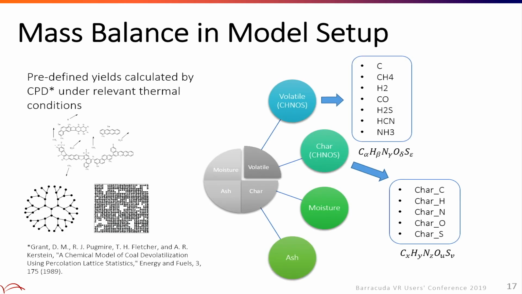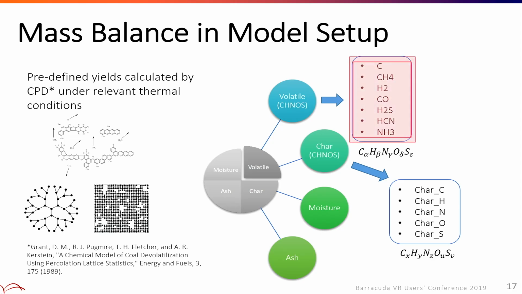So what we did, the starting point is the same. We assume that the coal is made of 4 entities: moisture, volatile, ash, and char. But the volatile is predefined, pre-calculated, this yield, using the chemical percolation devolatilization model under relevant thermal conditions. And the volatile is assumed to form 7 species made of CHNOS, and the char is made of CHNOS again.